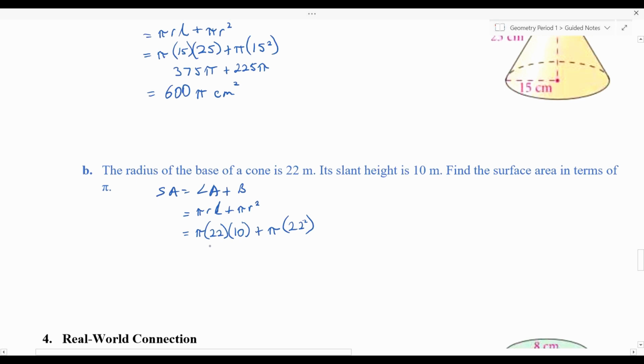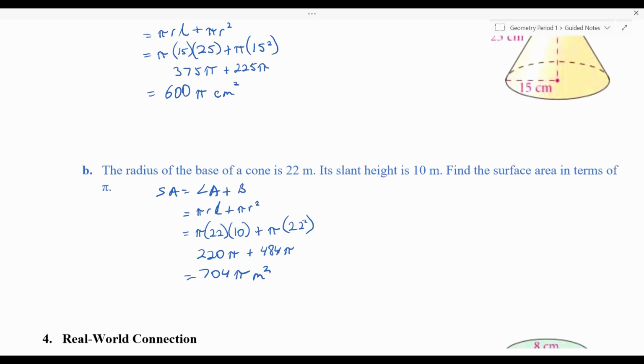When we multiply this portion, we get 220 pi, and then we square 22, we get 484 times pi, so it's 484 pi. When we combine these two, we get 704 pi. Our units are meters, so since we're dealing with area, it's meters squared. And that's that problem. Hopefully you get the same thing.